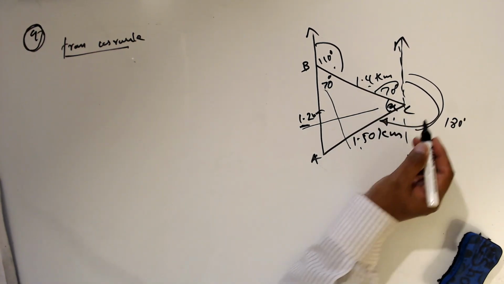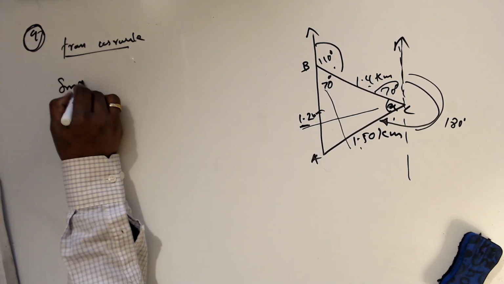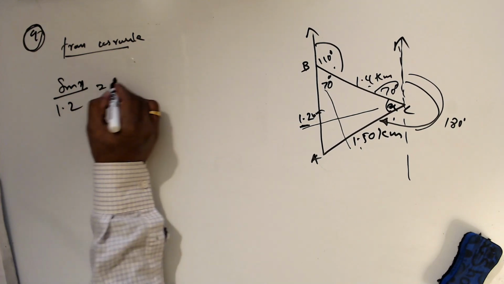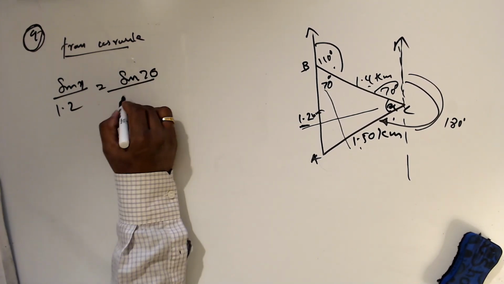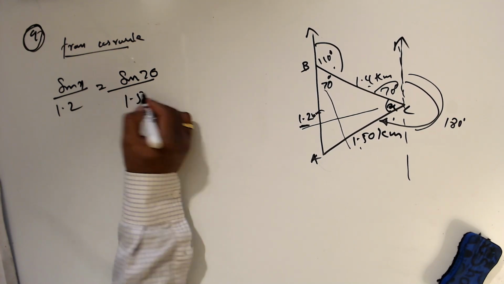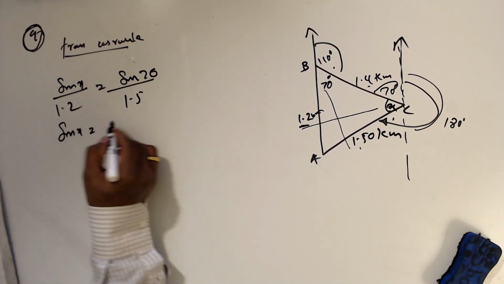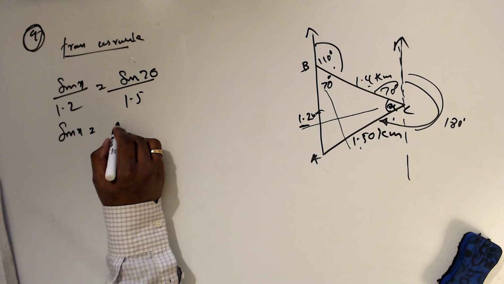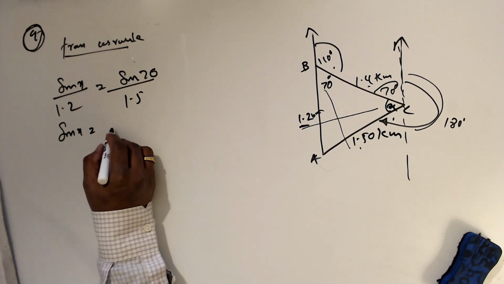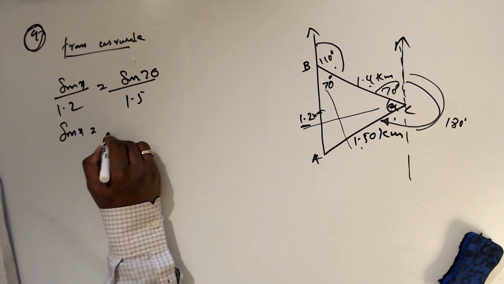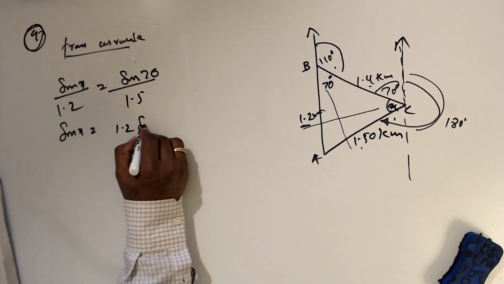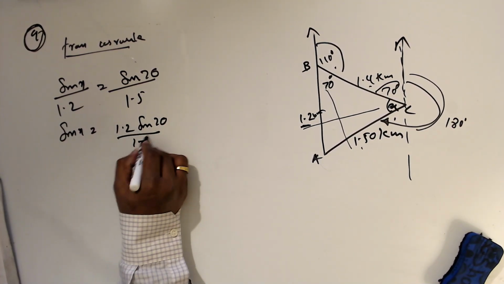If this is x, sine x over 1.2 equals sine 70 over 1.5, sine x equals 1.2 sine 70 over 1.5.